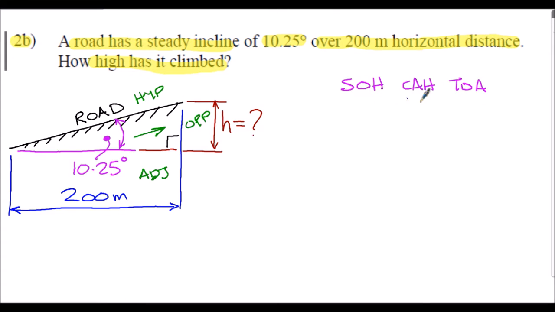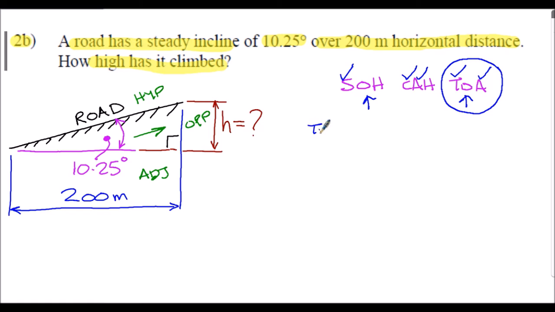I know the angle, 10.25 degrees, so I can find the sine of the angle, the cos of the angle, the tan of the angle. It's on my calculator. I know the adjacent side. So I've got the A and I've got the A. What am I trying to find this time? I'm trying to find the opposite side of the triangle, so the O in my mnemonic.